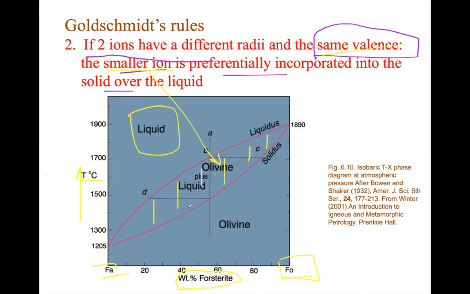But if you have the same valence but smaller size, then that smaller one will preferentially go into the solid phase. That means when olivine is crystallizing from this liquid, olivine will contain a lot of small ions compared to the bigger ones available there, although they have the same valences, right?